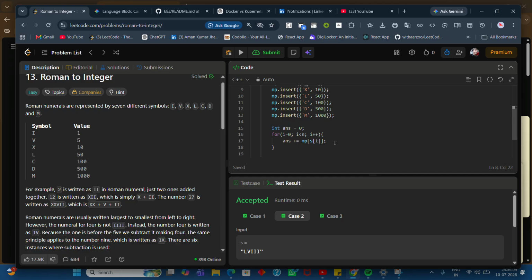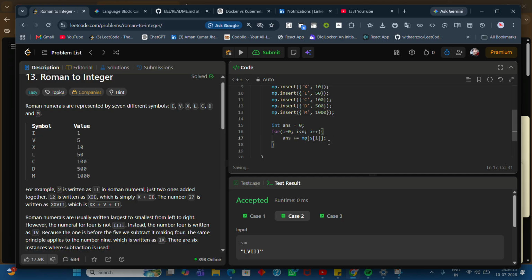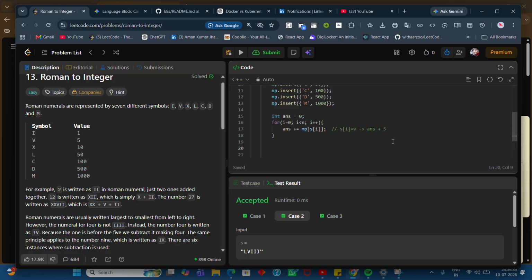So answer plus 5, so 0 plus 5 is equal to 5. Simply here I am writing, if the character s of i is equal to V, then it will do answer plus mp of s of i, which means 5.